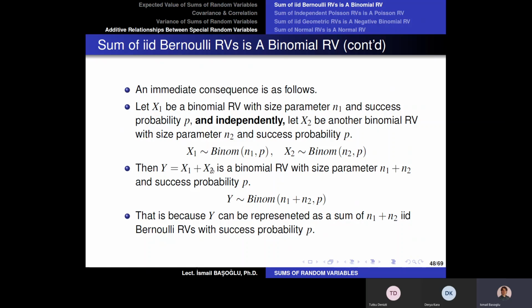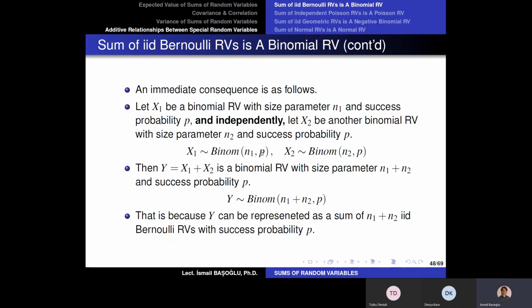It is X1 plus X2, and that is basically the number of successes in a total repetition of N1 plus N2, and each experiment results with success with probability P. Therefore, the sum of two binomial random variables with the same success probability but different size parameters is also another binomial random variable with size parameter equal to the sum of the size parameters and the success probability being the same success probability.